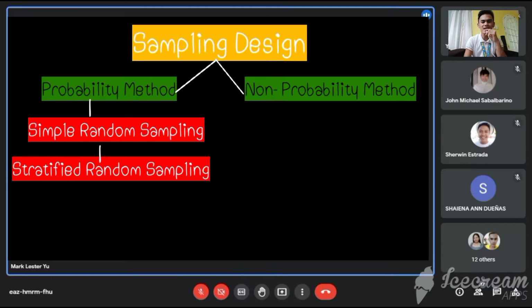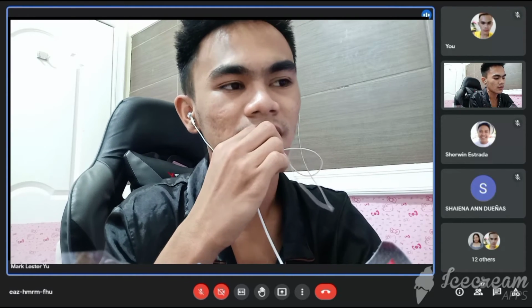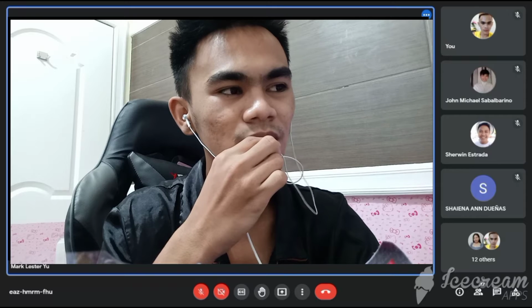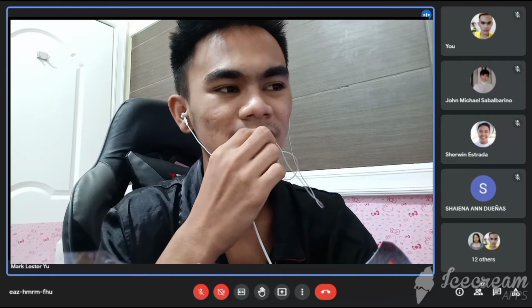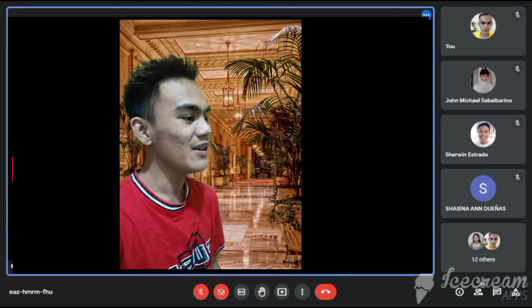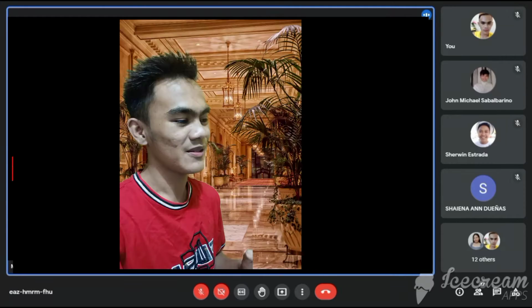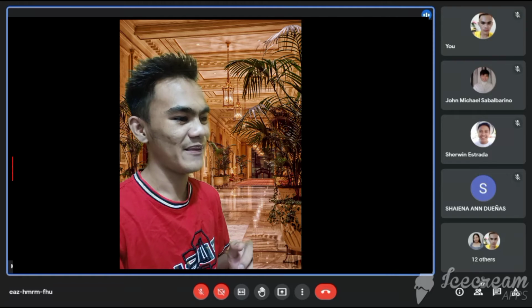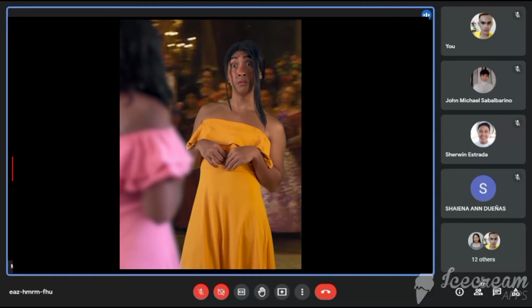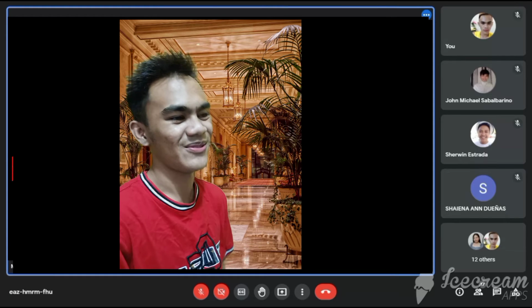Stratified random sampling divides the population into smaller groups, or strata, based on shared characteristics. For example, those whose favorite color is yellow are one group, you are our respondents. Blue is different, green is also different.